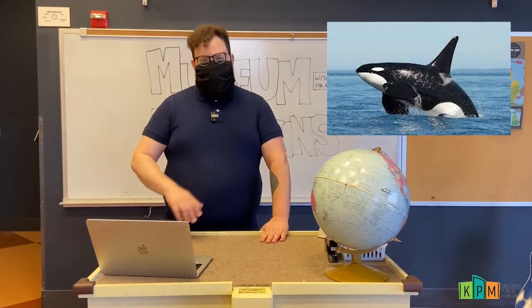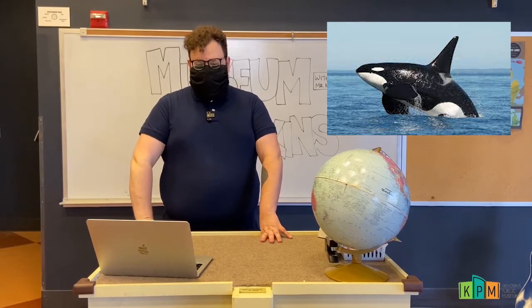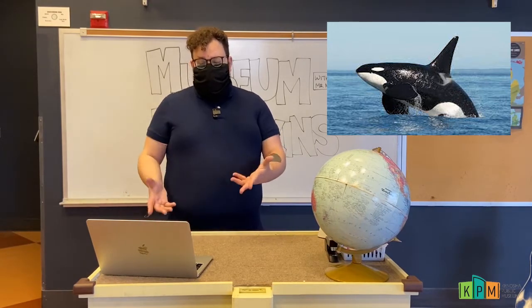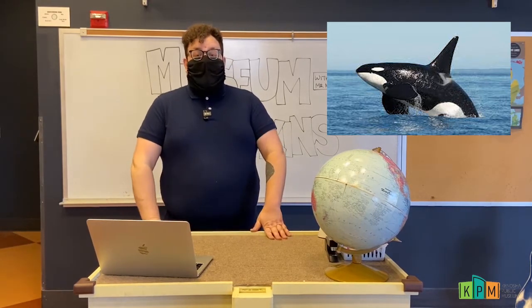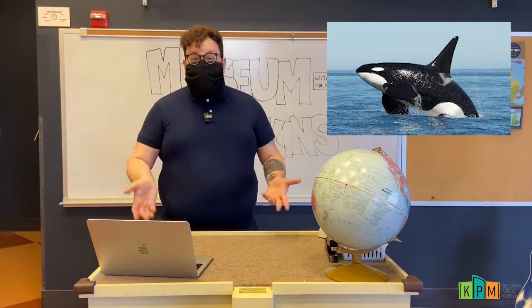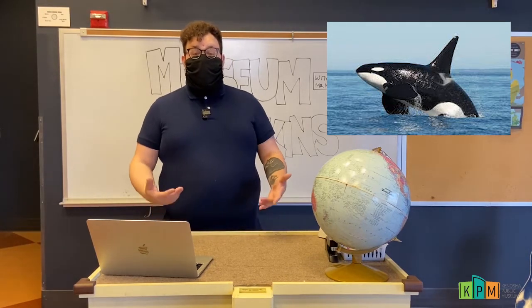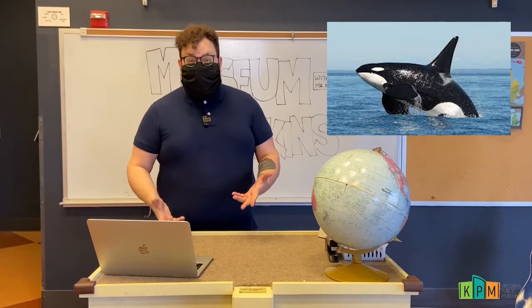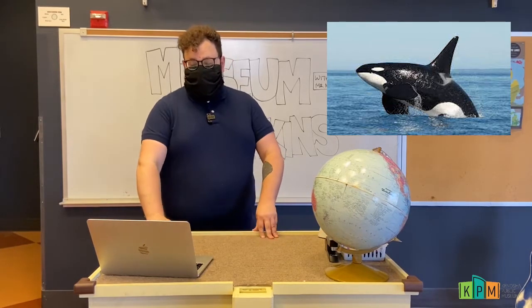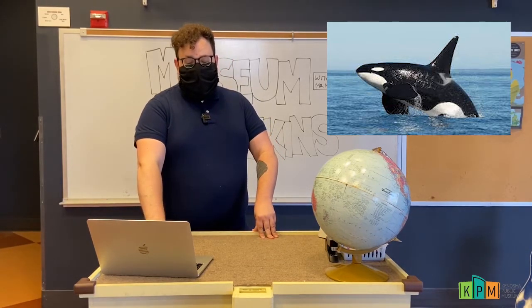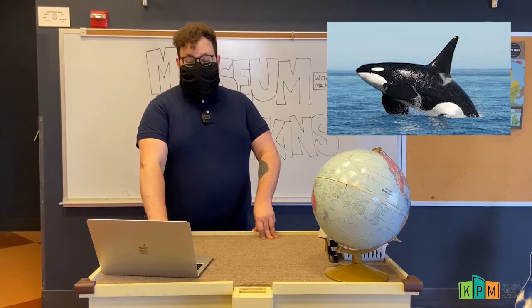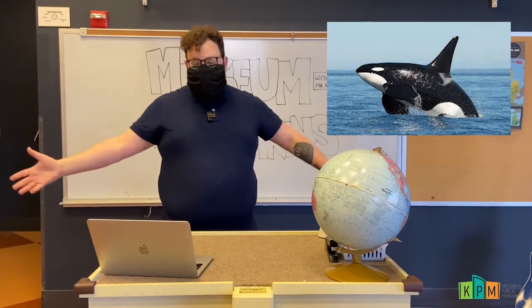Have you ever heard that word before, orca? Orca is another name for the killer whale. And did you know that killer whales actually aren't whales? They're dolphins. They're the largest species of oceanic dolphin that live on our planet. I think that that's amazing.